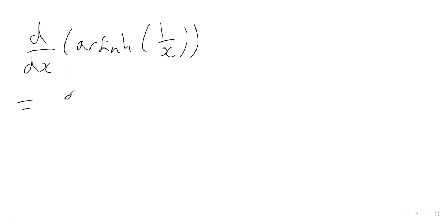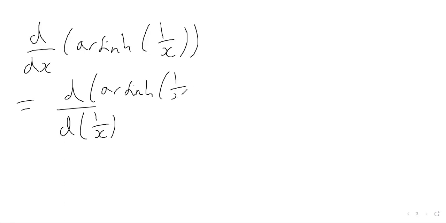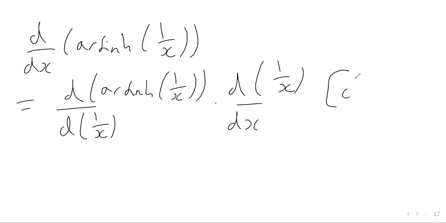So using our chain rule formula, we differentiate the arsinh of 1 over x with respect to 1 over x, and then multiply this by the derivative of 1 over x with respect to the variable x. Again, this is just by using the chain rule.